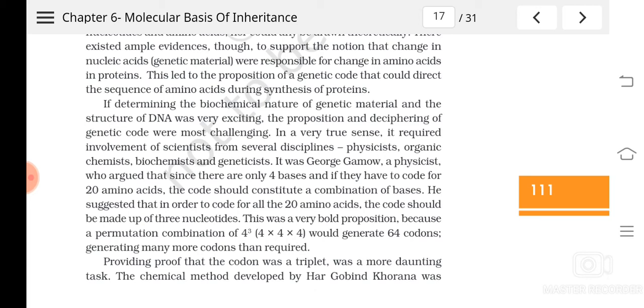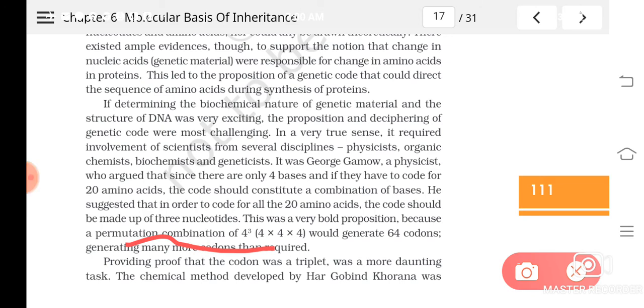If the codon had only 2 letters, it would not be possible to code for all 20 amino acids. If it is 3 letters, the permutation combination gives 64 codons, and this is enough for coding 20 amino acids.